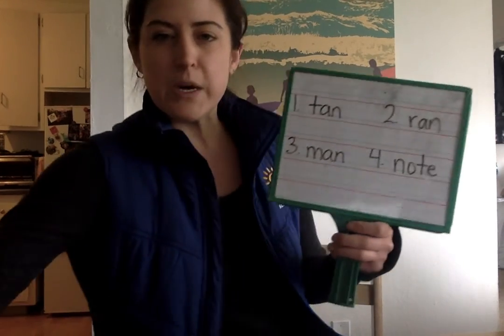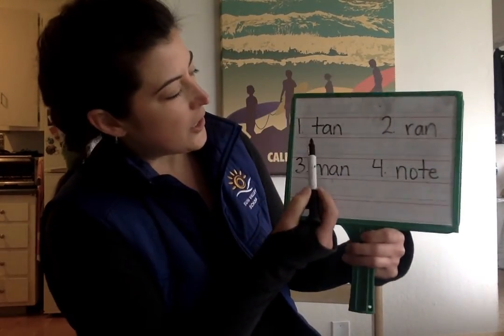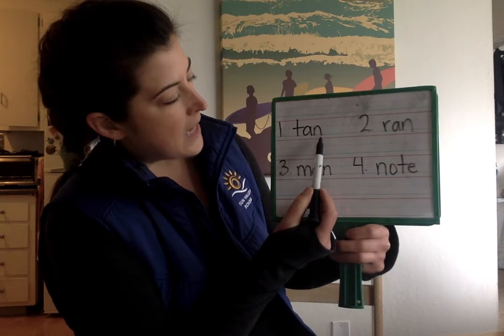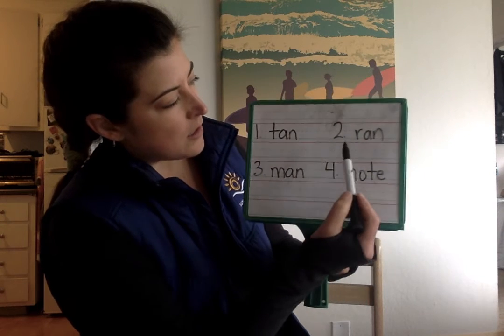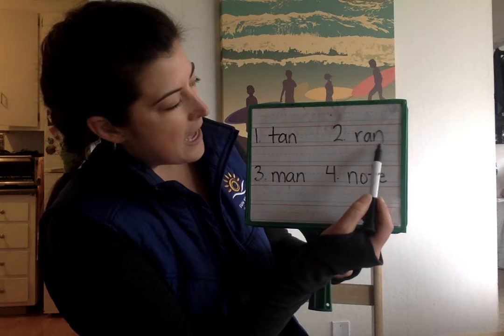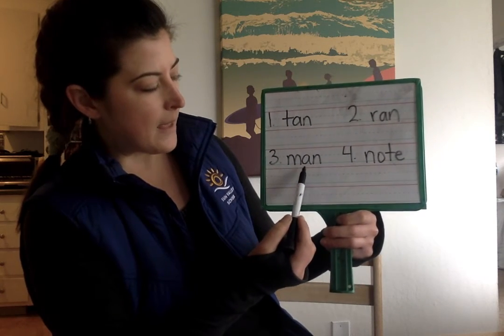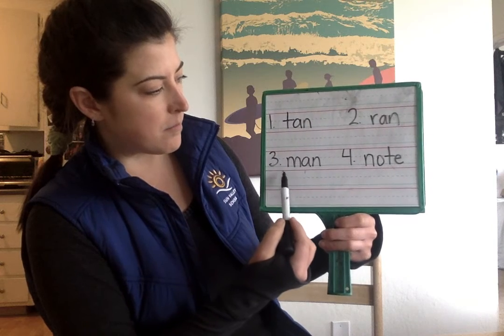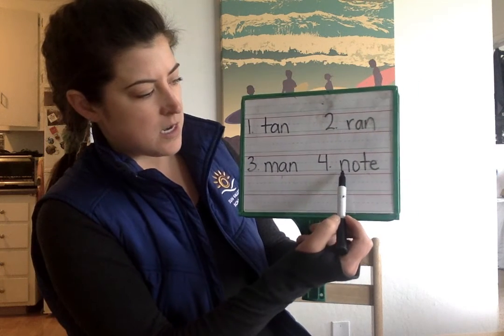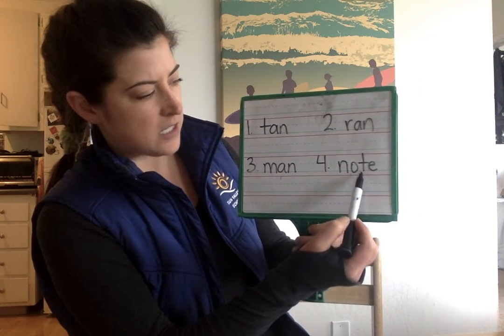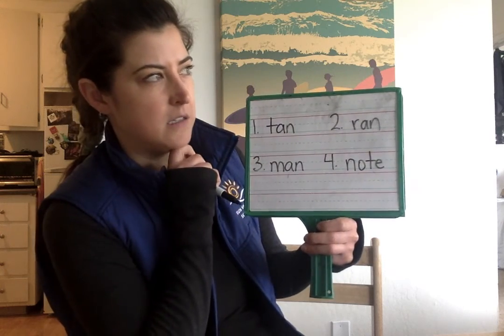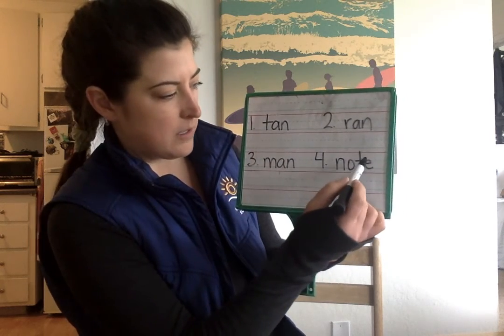Did you get this one? Let's take a look. An, tan, ran, man, not a, must be the silent E. That word doesn't make sense.